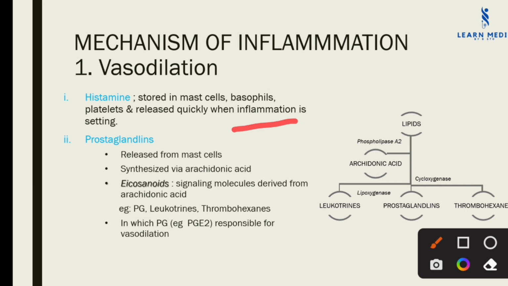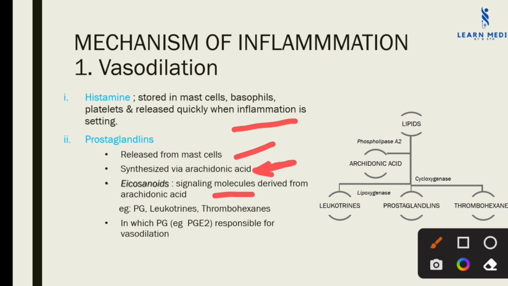The second one is the prostaglandins, which are also released from the mast cell and are synthesized via arachidonic acid. It is the main pathway of synthesizing prostaglandins. During the arachidonic acid pathway, we get many substances called eicosanoids, which are signaling molecules derived from the arachidonic acid.